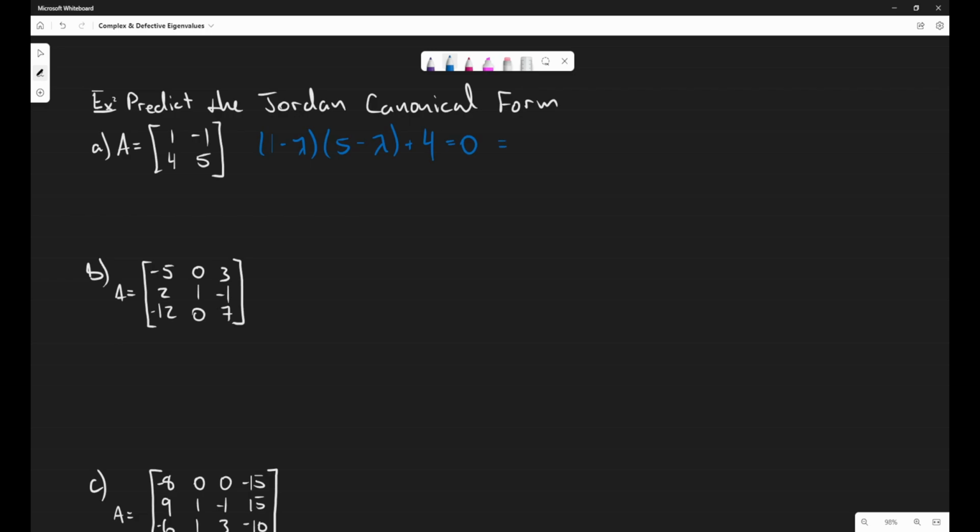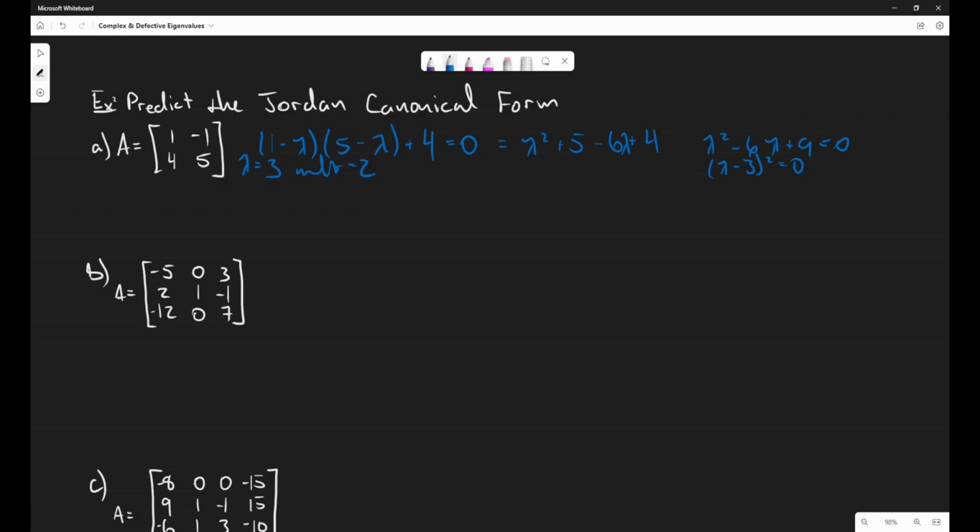So we'll get lambda squared minus 6 lambda plus 9 is equal to 0, and this will be lambda minus 3 squared is equal to 0.